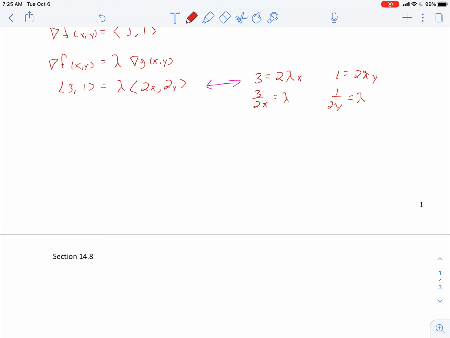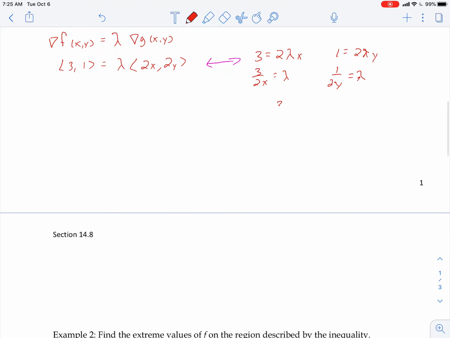Now, because lambda is equal to 3 over 2x and 1 over 2y, I can solve for x and y in terms of one another by setting those two equal to each other. So I can say 3 over 2x is equal to 1 over 2y.